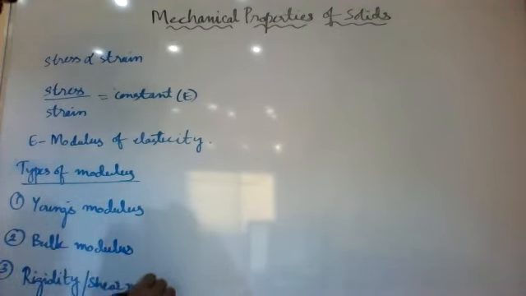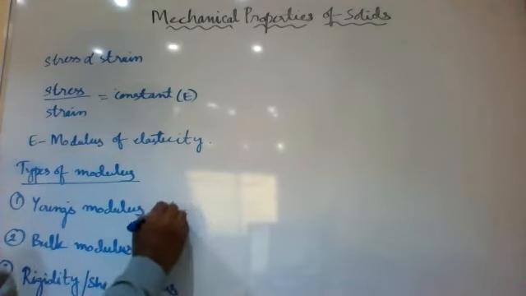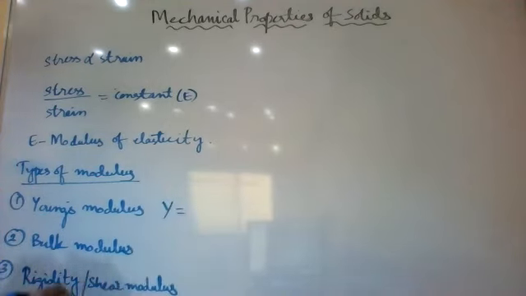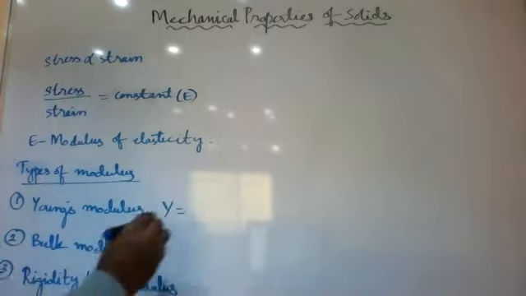So what are they? We'll write quickly here. Young's modulus Y is equal to longitudinal stress by longitudinal strain.